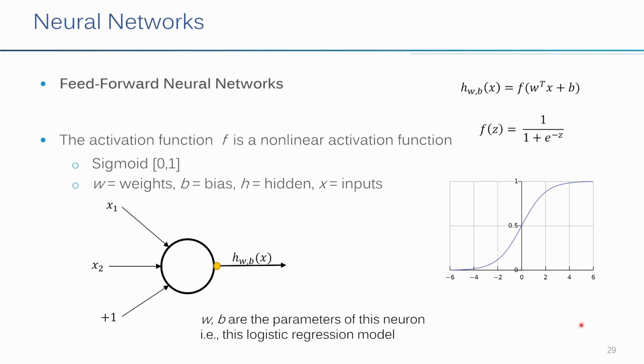After we do the weighted sum between our weights and our inputs, and sum that with a certain bias, we use that in our activation function: 1 over 1 plus exponential of minus z, which is represented by this function, as you can see.